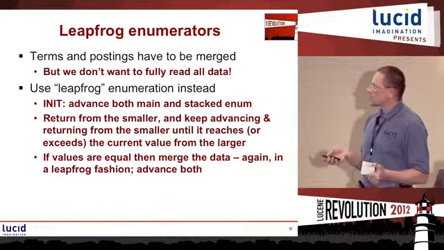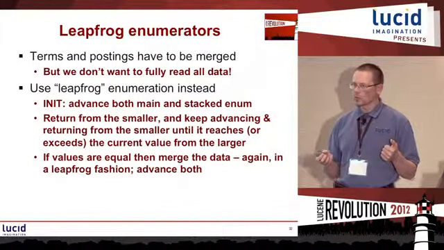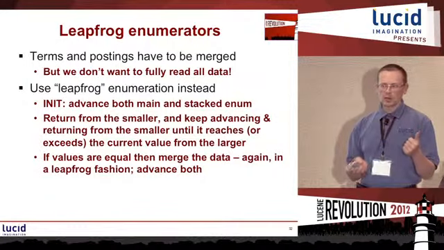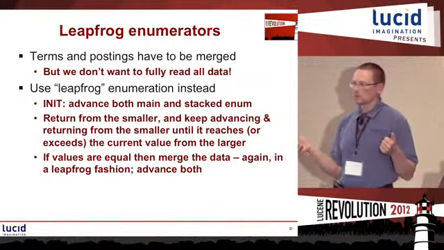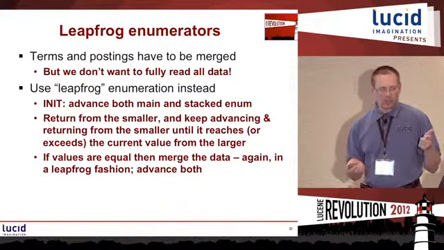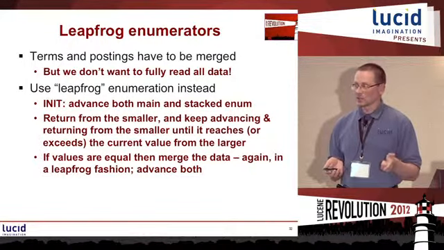First, we initialize both the main enumeration. Let's say we work with terms enum, right? We initialize both the main terms enum and the stacked terms enum for a field. And then we return from the smaller one. We use the comparator, right? The comparators should be the same, obviously.